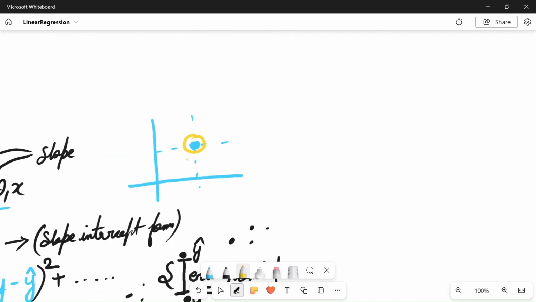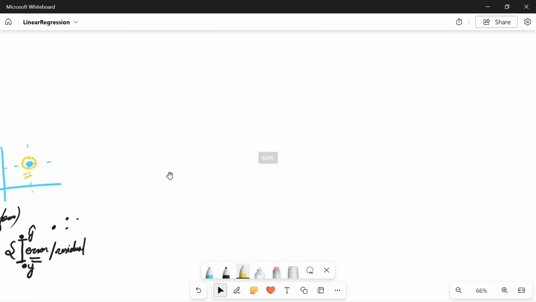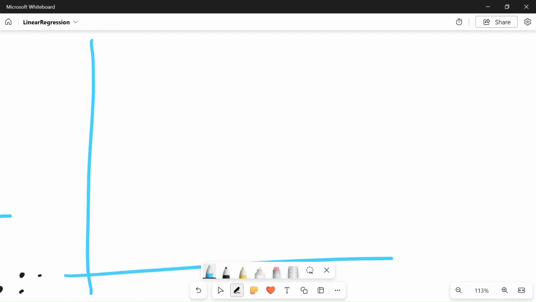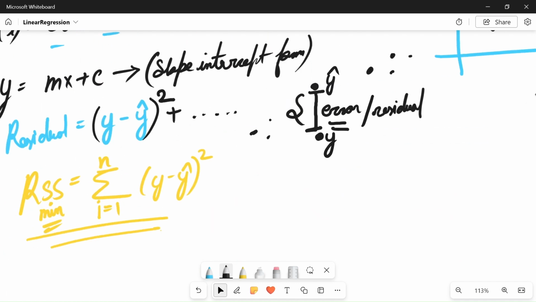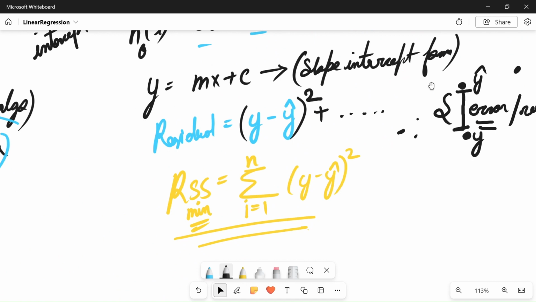Well, the point is actually very easy to find out, but first let's make a kind of proxy data set for our discussion. Okay, so let's say these are our data points, and now let's move on to finding that point.